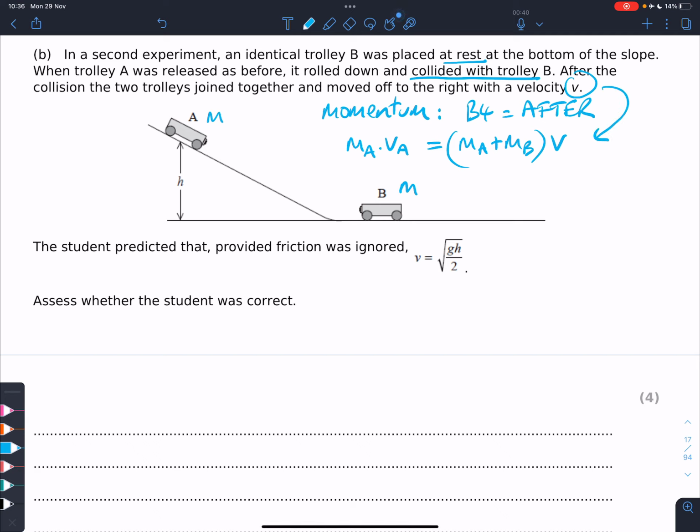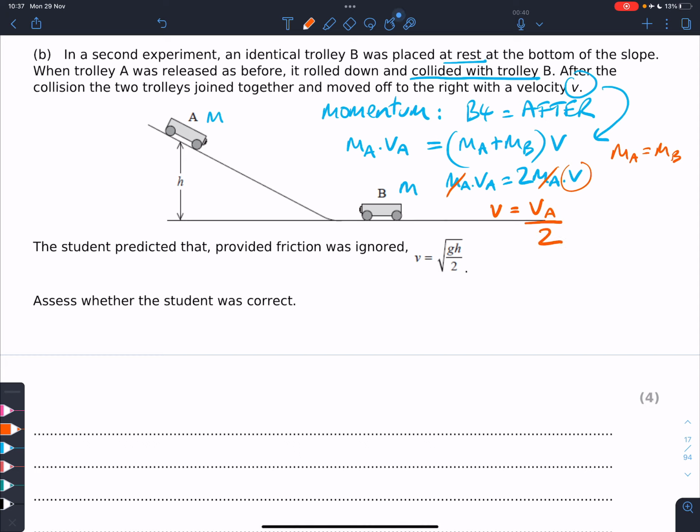Now, because they're identical, the mass of A is equal to the mass of B, so this equation simplifies to MA times VA equals 2MA times V. Now we can cancel the masses because they're the same, and swapping it around so it's easier, V is equal to VA, the initial velocity of A, divided by 2.